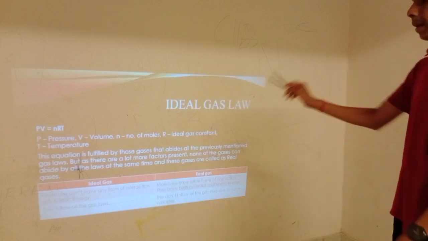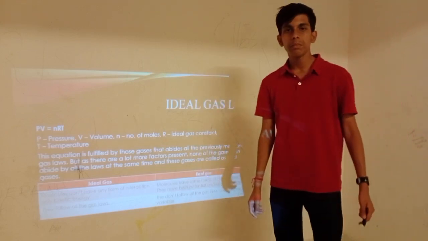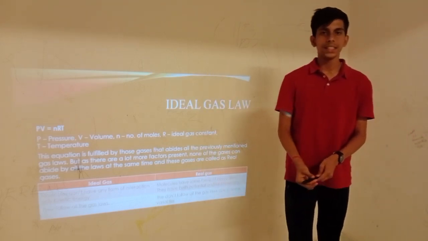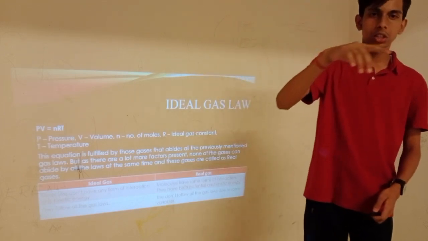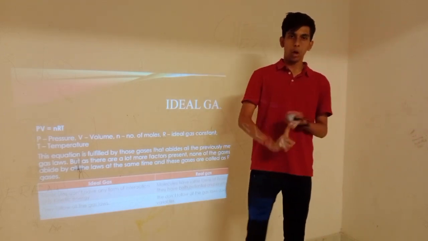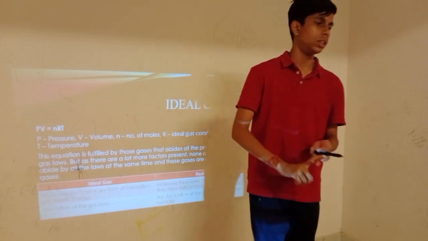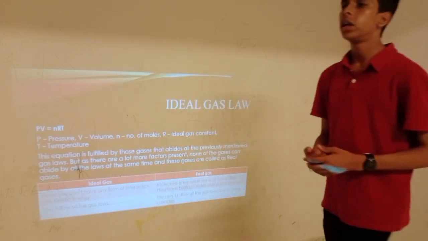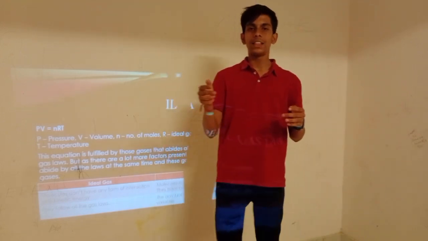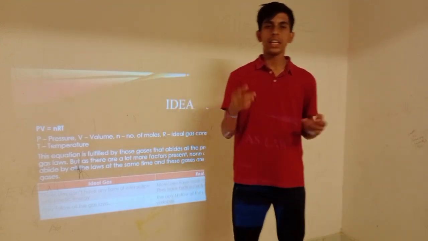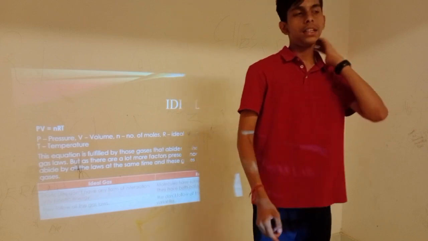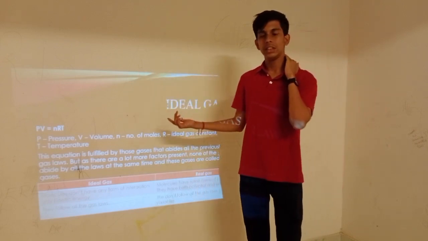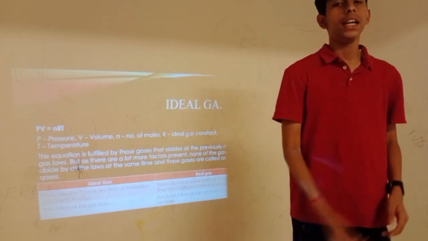Now, this equation, PV equals nRT, can only be fulfilled by those gases that fulfill the previous laws, which are Boyle's law, Charles's law, and Gay-Lussac's law. Now, I already told you about ideal gas, but we also know that there are a lot of factors coming into play when we try to calculate the volume, temperature, and pressure, and it's not always possible for a gas to fulfill the ideal gas law.